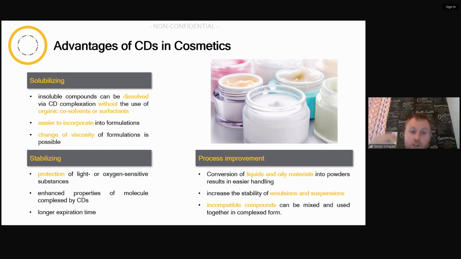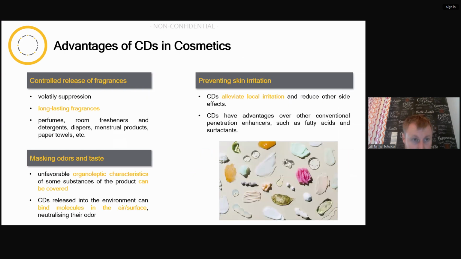Cyclodextrins can often change the viscosity of the formulations for the better, or they can just be used as additives of the process to improve the formation of the emulsion, the stability of the suspension, and so on, or even just help to bring compatible compounds into the same container.